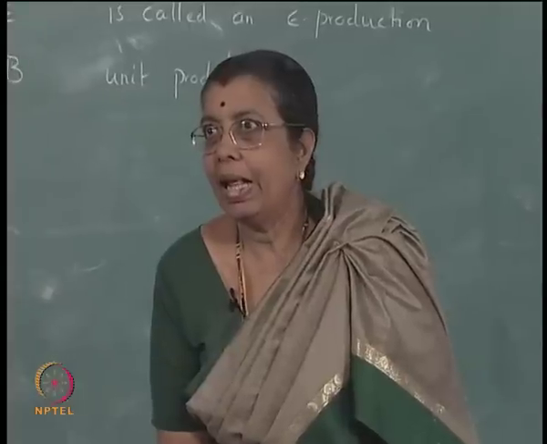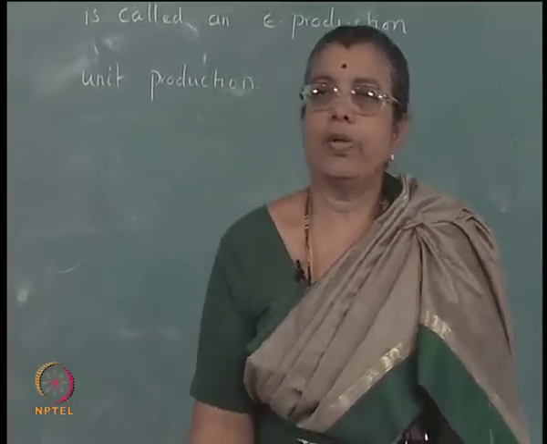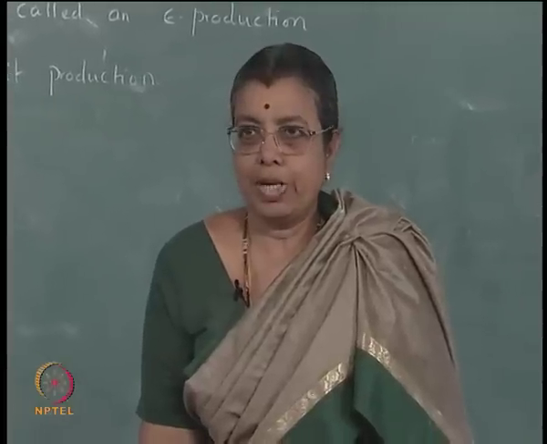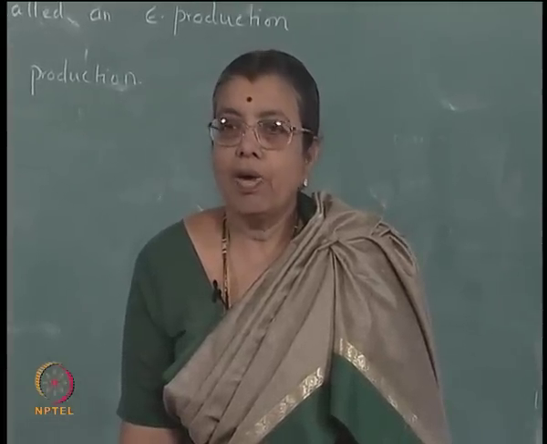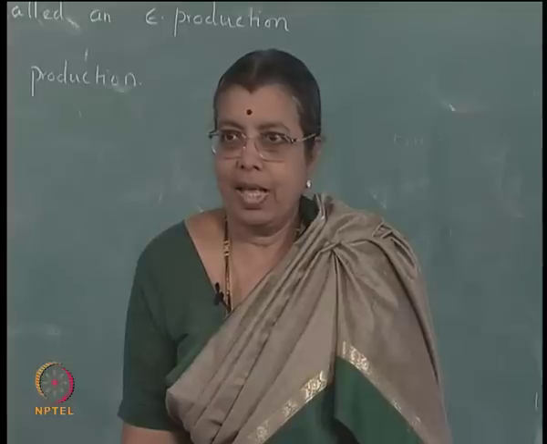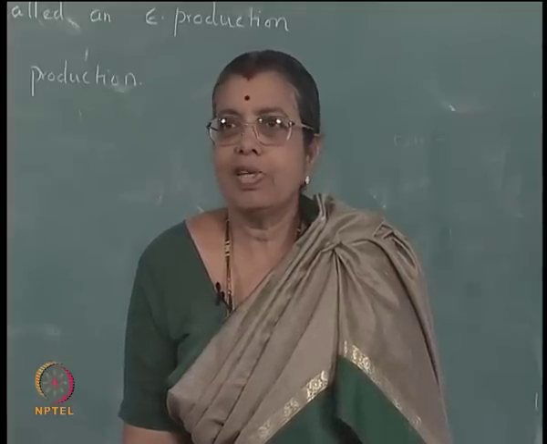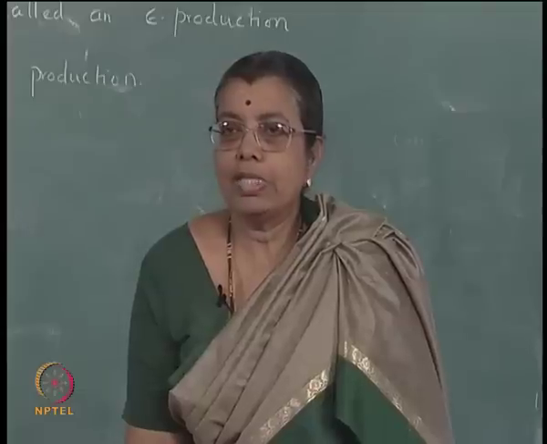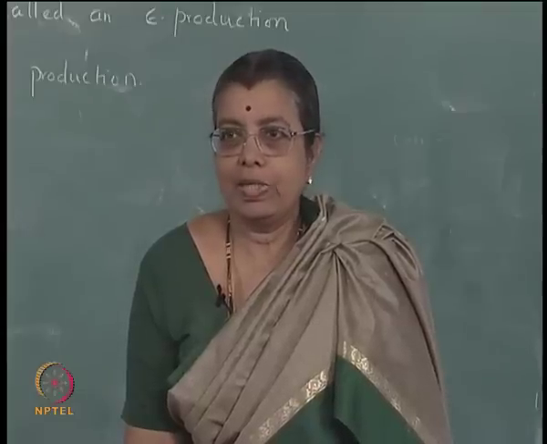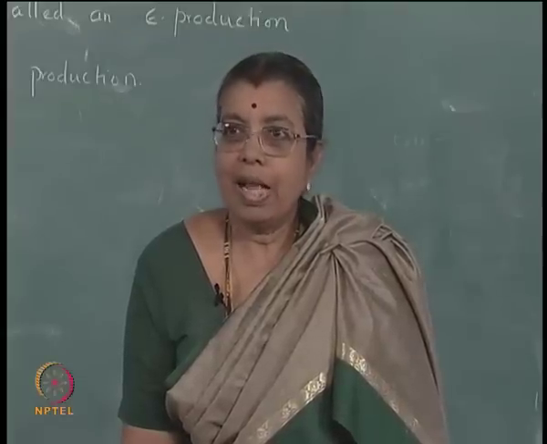In order to avoid that, we will see how to avoid the unit productions and the epsilon productions. When you avoid the unit productions, the number of rules may increase, but if the number of rules increases very much, then also it is a disadvantage. At each stage you may have to check which rule is applicable for reduction. If there are too many choices, then that time will be more.